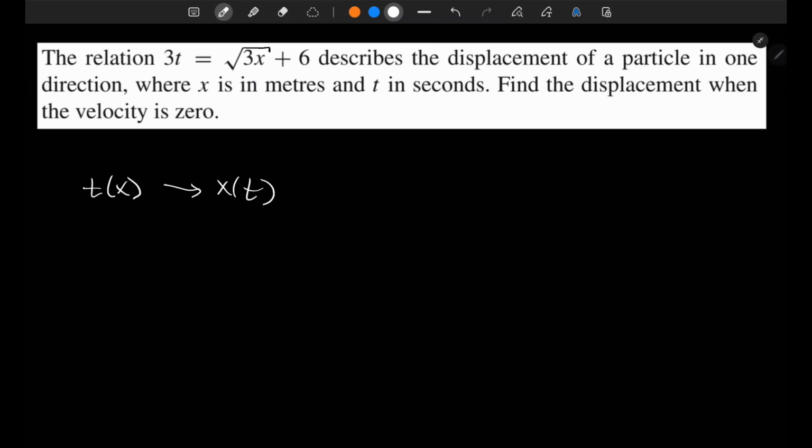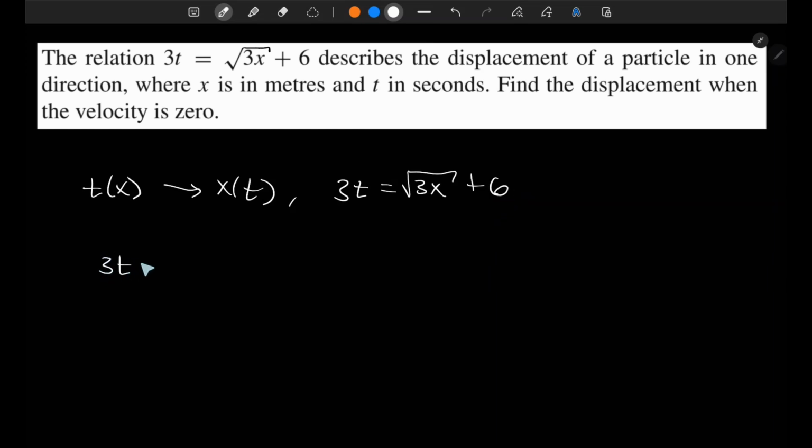We take 3t is equal to the square root of 3x plus 6, and then we just solve for x. So let's subtract 6 over to the left-hand side.